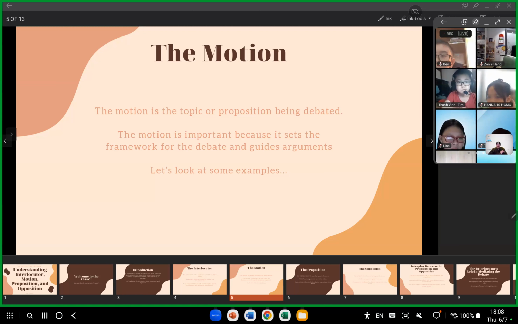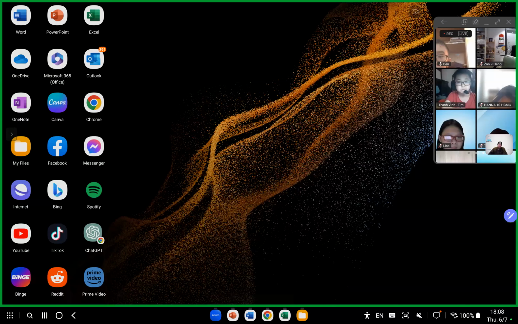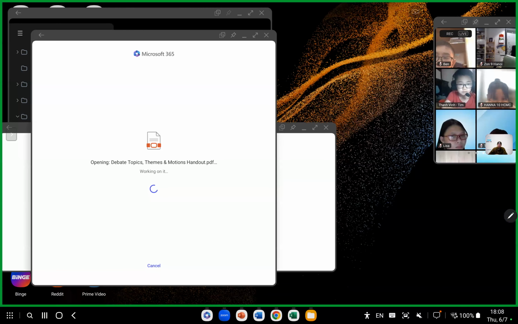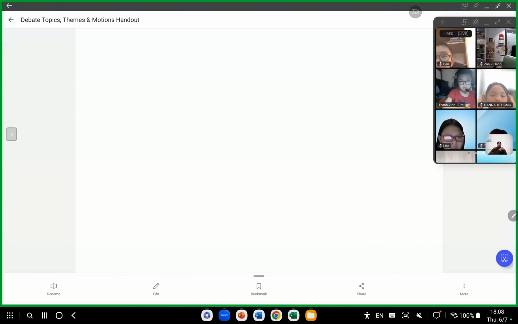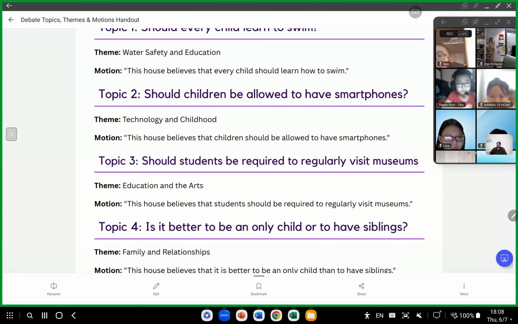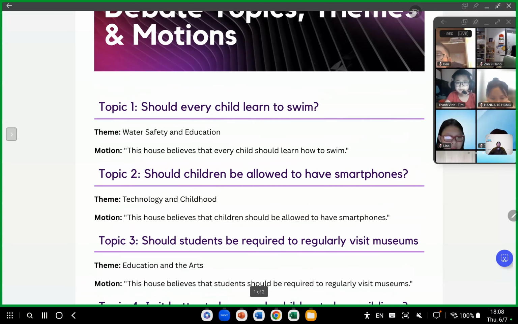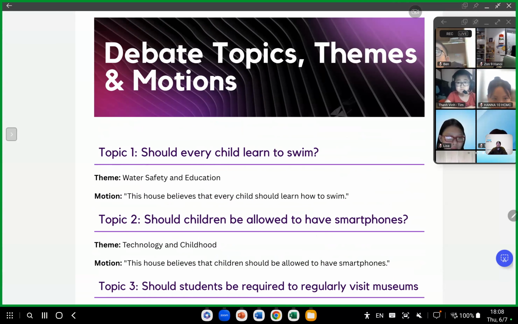So let's look at some examples. So I've got a sheet here. So just ignore the theme for now. We're going to focus on the motion today.